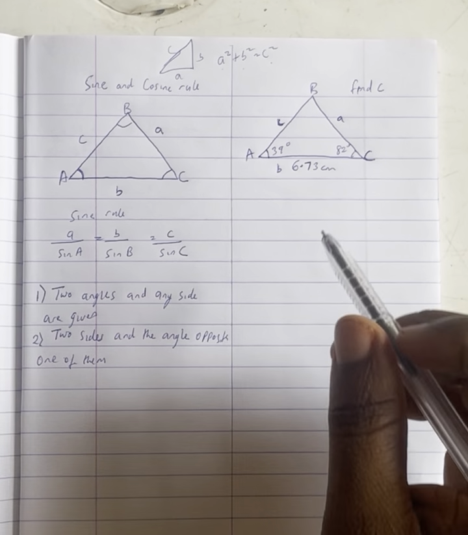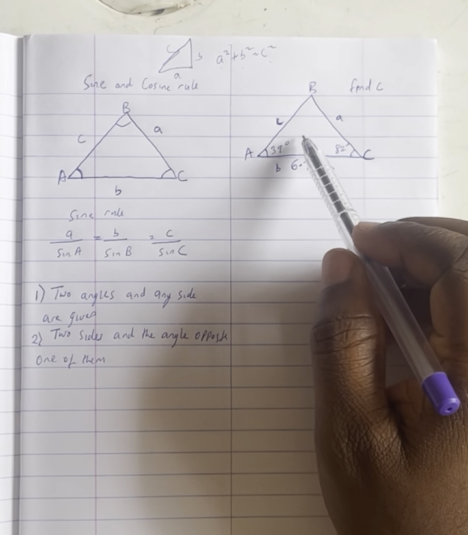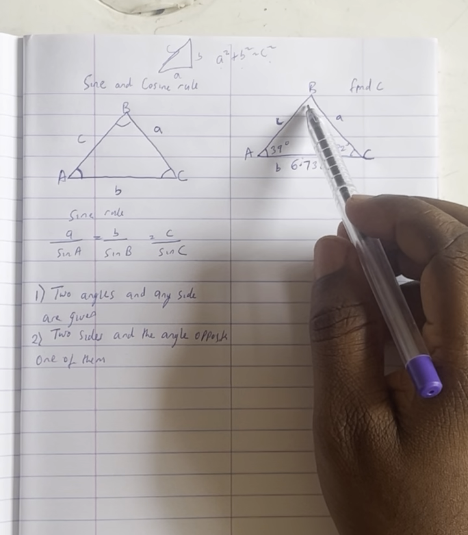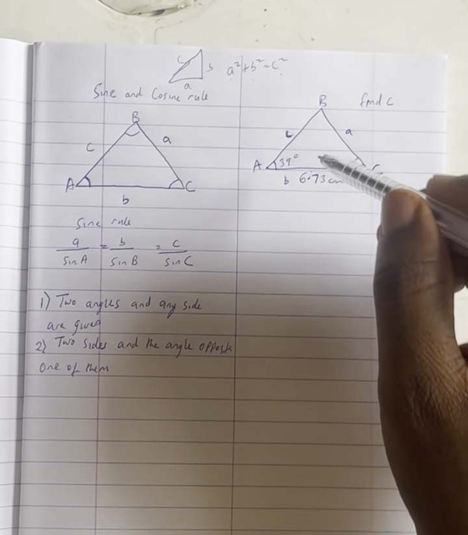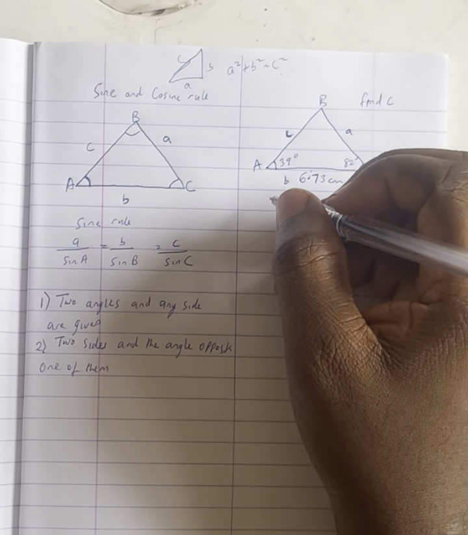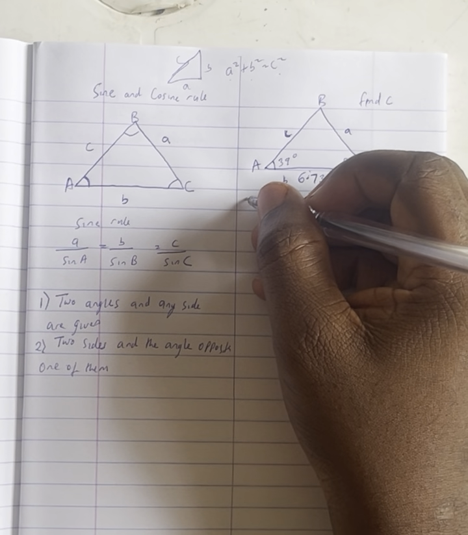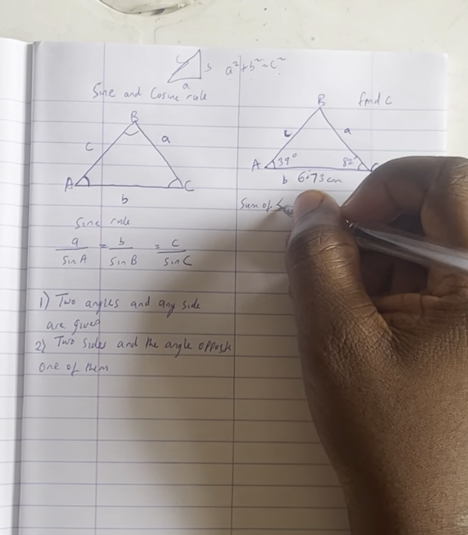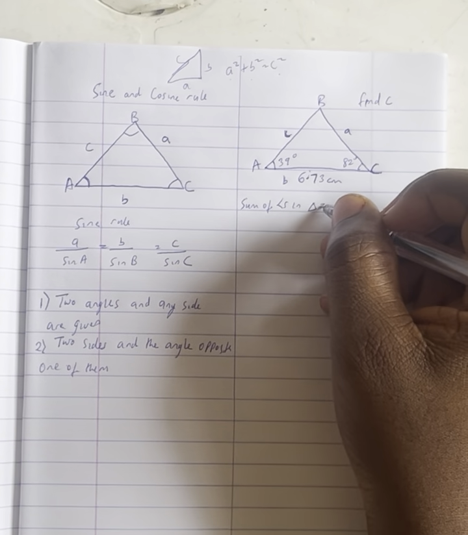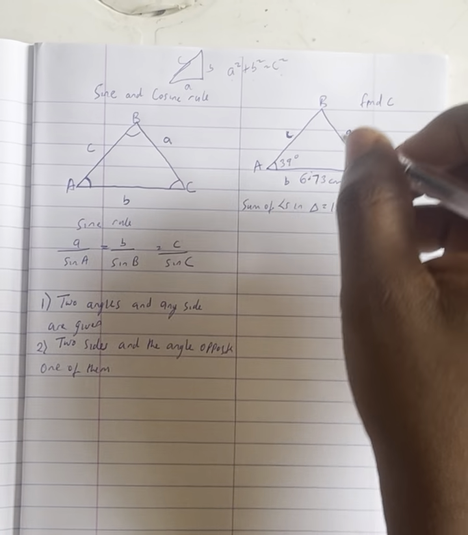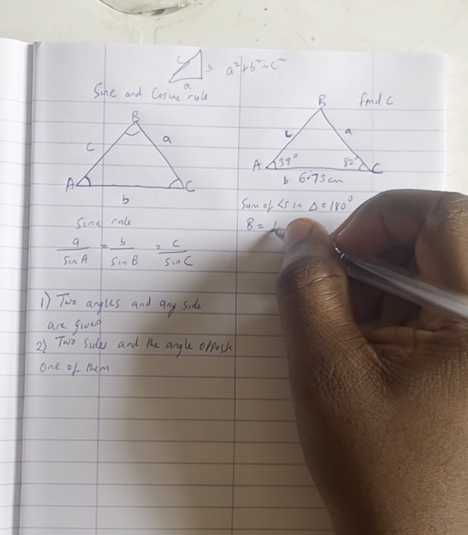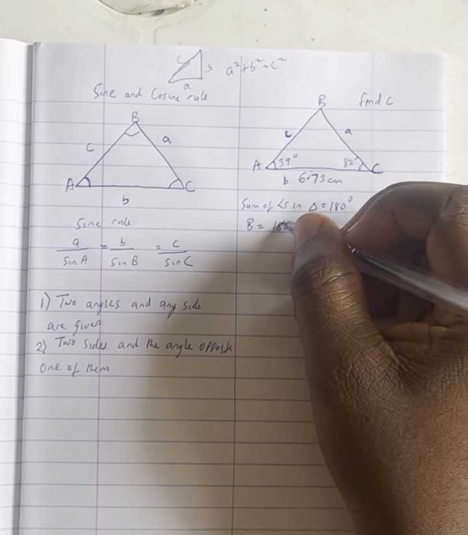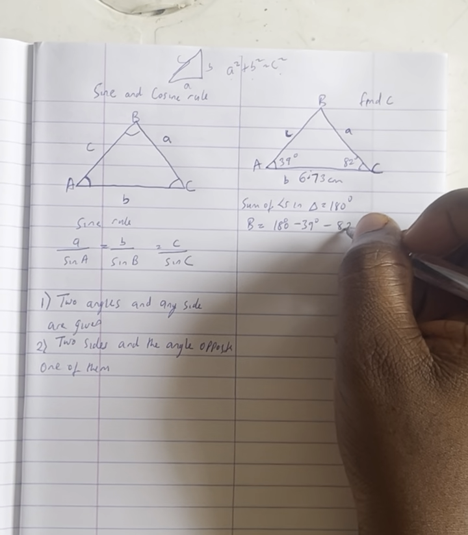So for us to find this side now, we have to get the angle that is here. We have to get our B. And how do we do that? We know that the sum of angles in a triangle is 180 degrees. So B will now be equal to 180 minus 39 minus 82 degrees.